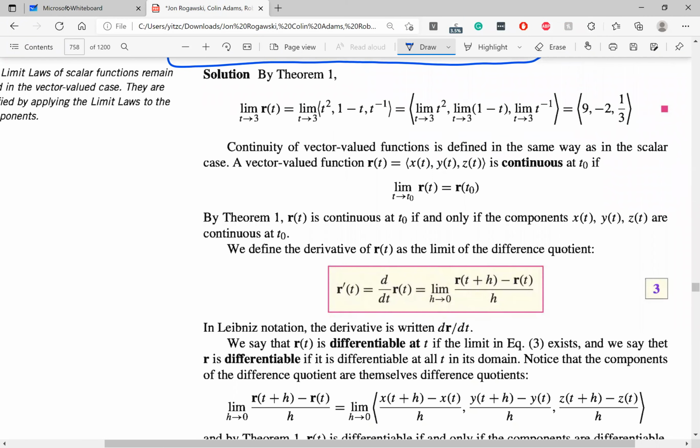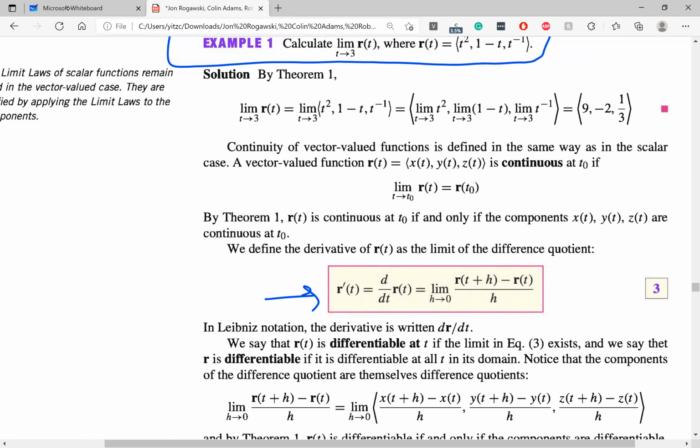Okay, now that we know how to take limits of vector valued functions, we can take derivatives. And the derivative is the same as the derivative for single valued functions, because ultimately this is basically a single valued function.